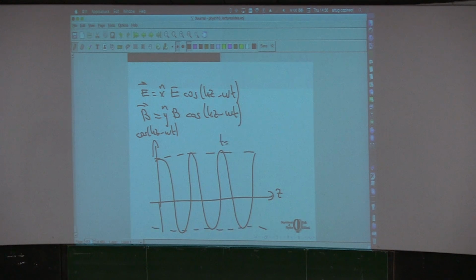As you look at different points, its magnitude changes as a cosine function. It repeats itself as you move along z, and the distance through which it repeats itself is the wavelength.